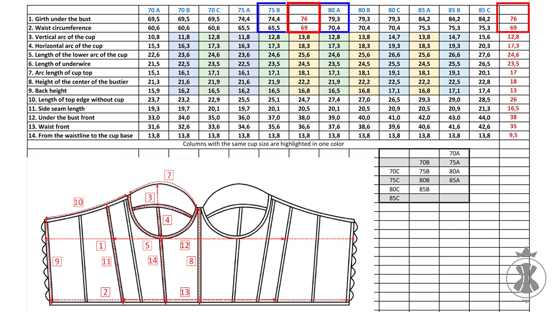Thus, we will have to decrease some dimensions of the pattern in size 75B and increase in size 80A. In fact, I don't gain advantage when I choose patterns in size 75B or 80A. I will print out the pattern in size 80A to make it smaller later.